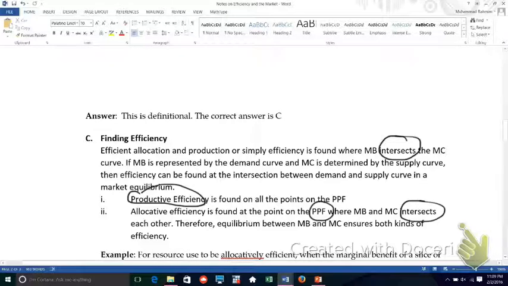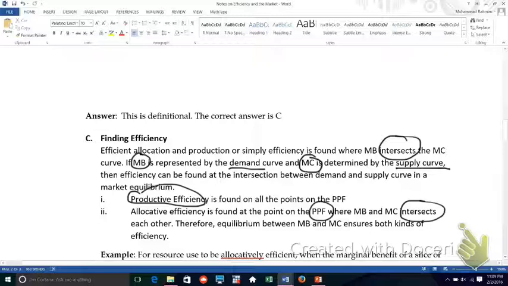We can argue that if marginal benefit is represented by the demand curve and marginal cost is represented by the supply curve, then the intersection between the demand and the supply curve, which gives the market equilibrium, is also socially efficient, economically efficient, meaning that market equilibrium can give us the economic efficiency concept that we want to understand in this chapter. Okay, so that's important.